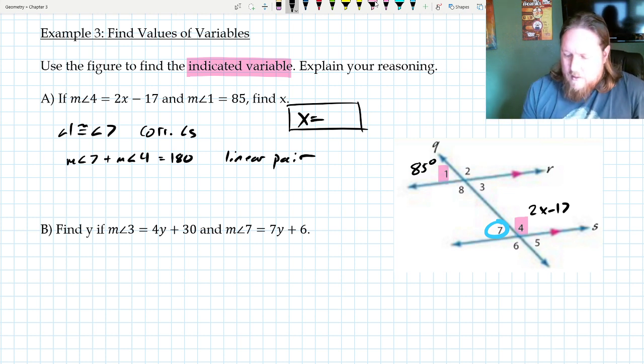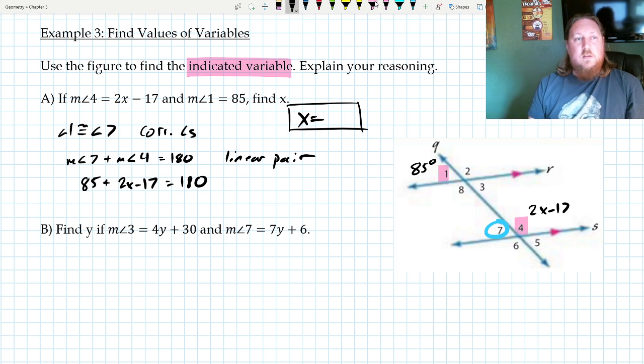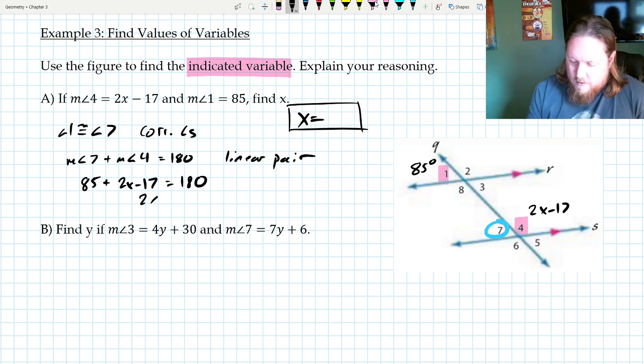Now I just substitute everything in. Angle 7 is the same as angle 1, so it's 85. Angle 4 is 2x minus 17. 85 plus 2x minus 17 equals 180. Now I just have an equation to solve. 85 minus 17 is 68, so I have 2x plus 68 equals 180.